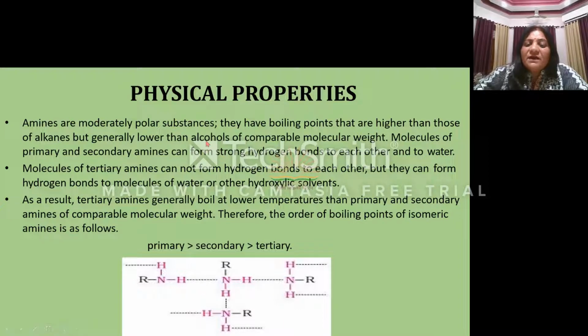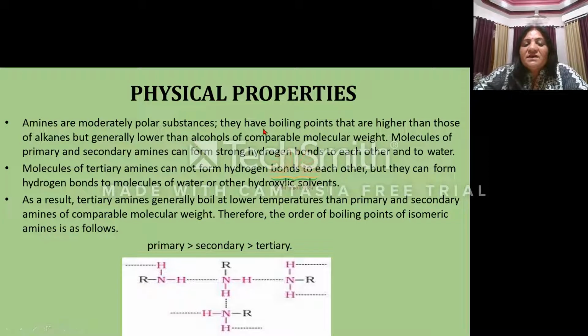The electronegativity of oxygen is about 3.5 and the electronegativity of the nitrogen is 3. So the bond between carbon and oxygen is stronger than the bond between carbon and nitrogen in case of amine.